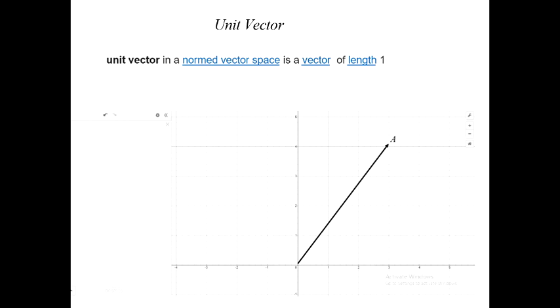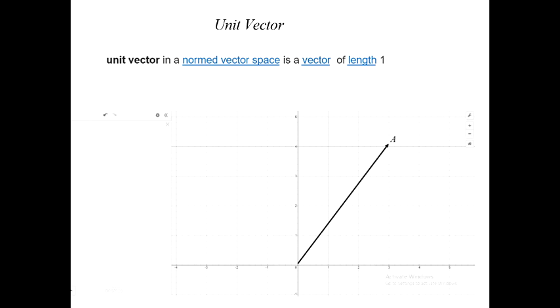The first one, the angle of the unit vector must be the same angle of this vector. In other words, it lies on it. The second condition, the magnitude or the norm of this unit vector must equal 1 unit.